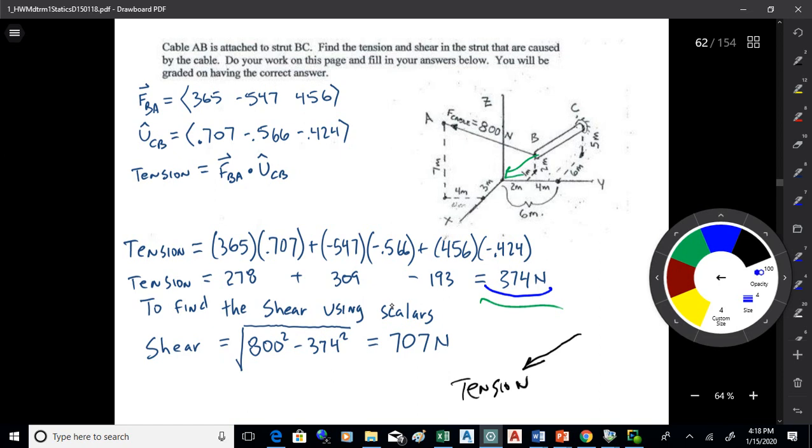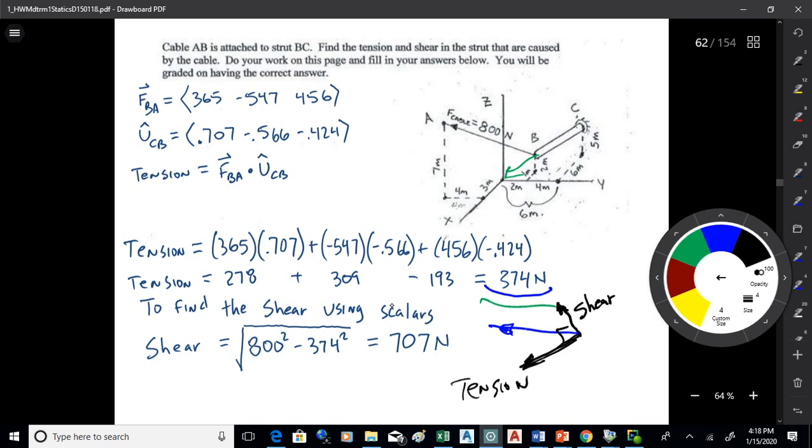I've got the magnitude of the force going off this way at an angle, and the shear then makes a right angle with the tension. What I have there is vectors. I've got the shear and the tension are the components of the total. Okay. So if I've got two of them, I can use the theorem of Pythagoras and get the third.